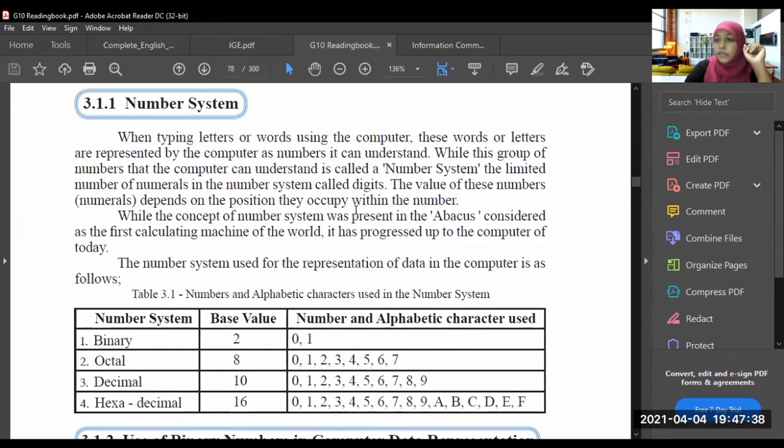Normally in this chapter we will learn 4 number systems and converting each number into another number system.